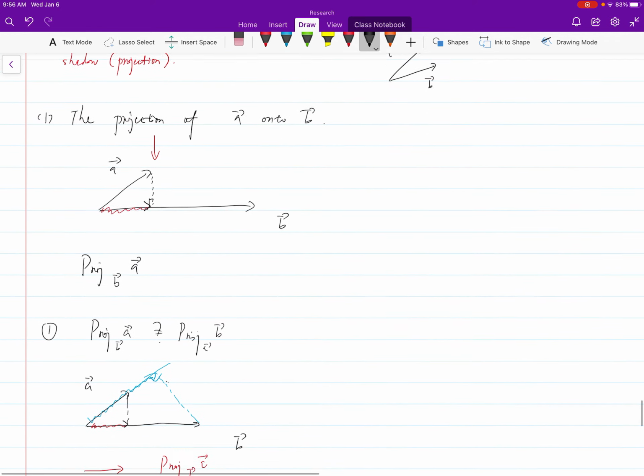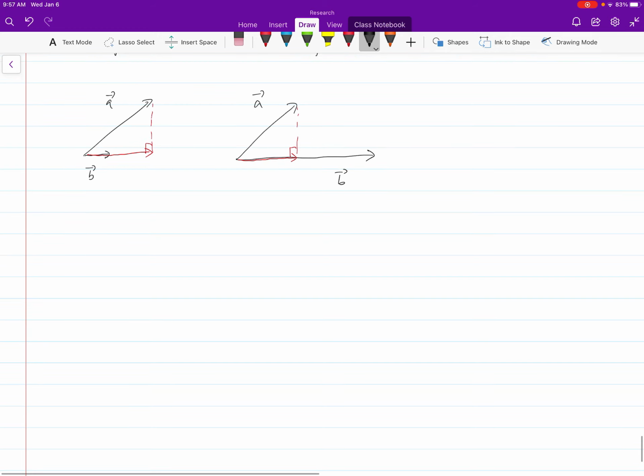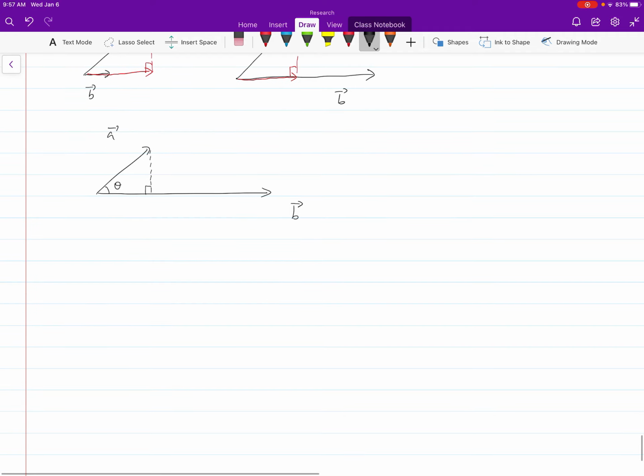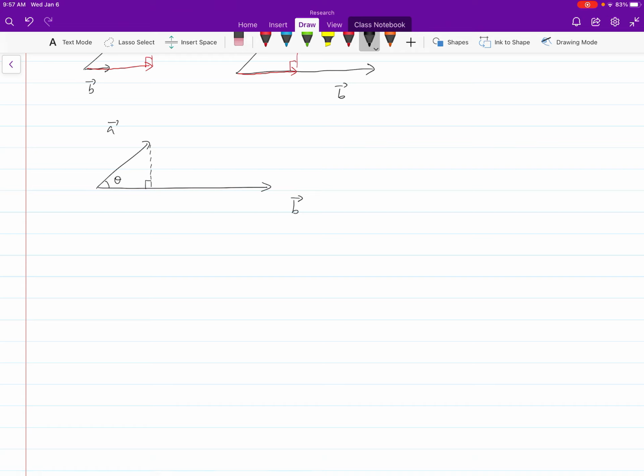With that in mind, let's do the formula. How do we do it? This is A, and clearly this is the vector we're looking for. By the way, this is theta, and we would like this one to be theta too, because that's the angle between the two vectors. You can get it using the dot product. So we're trying to find this vector. To find a vector, you only need two things. The first one, magnitude.